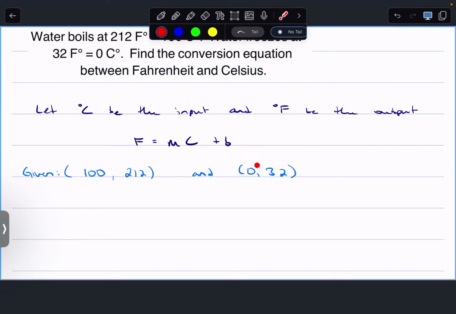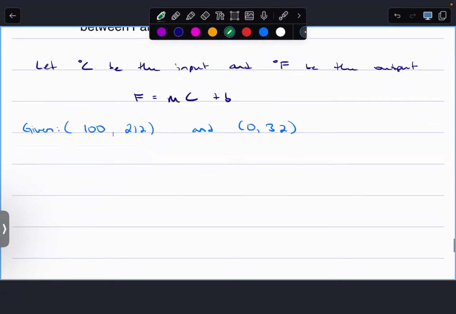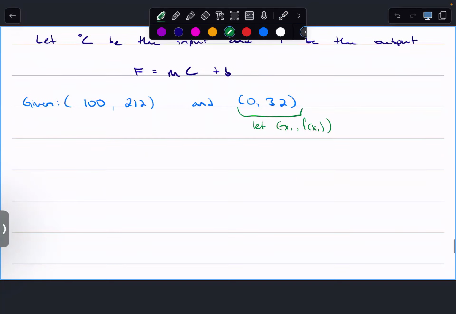It doesn't really matter, right? As long as you are consistent, but I want you to adopt that thinking. So here, let this be x1, f of x1, and let this be x2, f of x2, just for some consistency, just because 0 comes before 100.